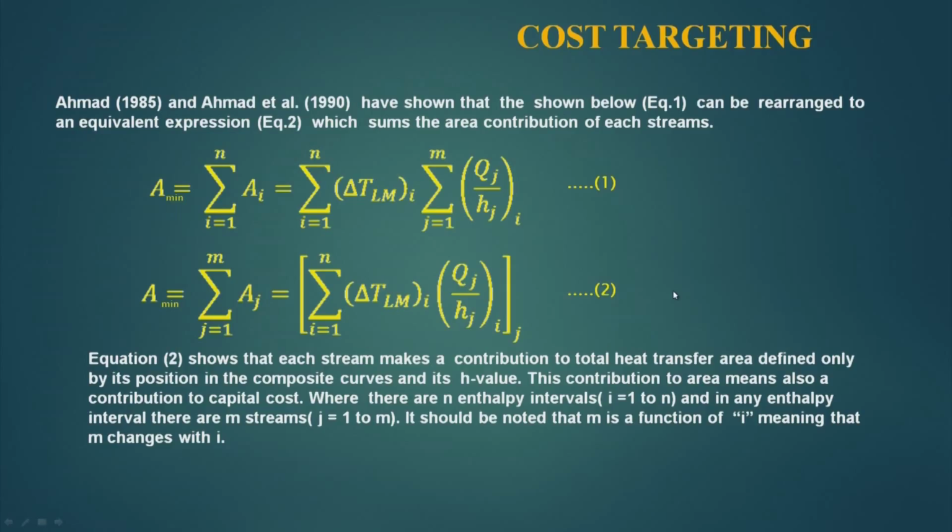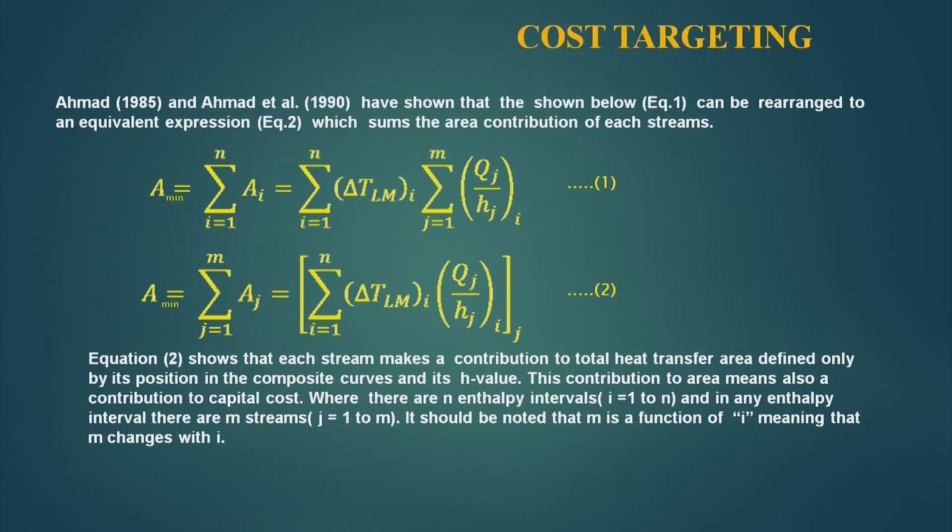Equation 2 shows that each stream makes a contribution to total heat transfer area defined only by its position in the composite curve and its h value.